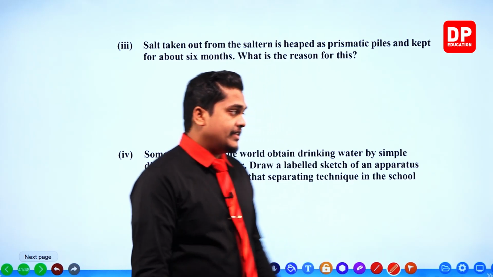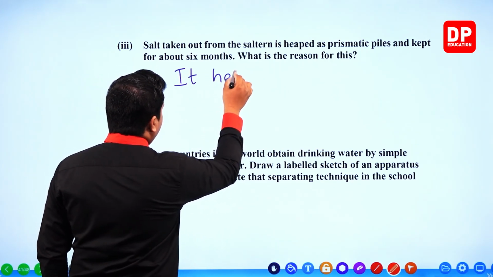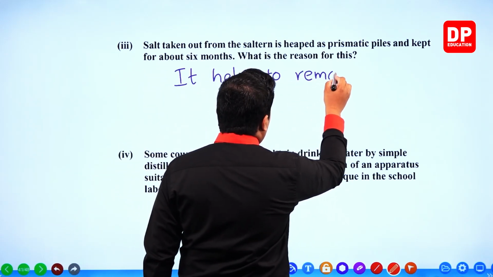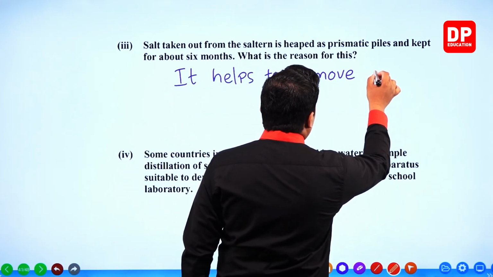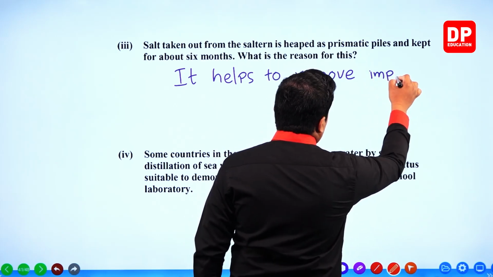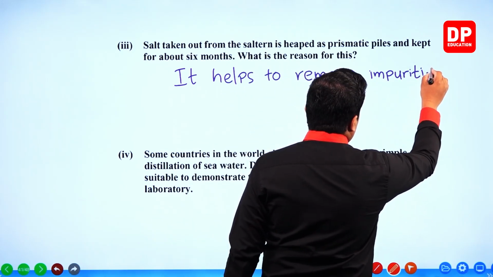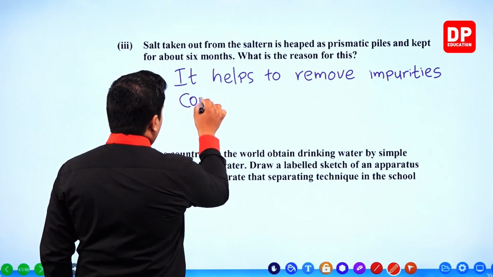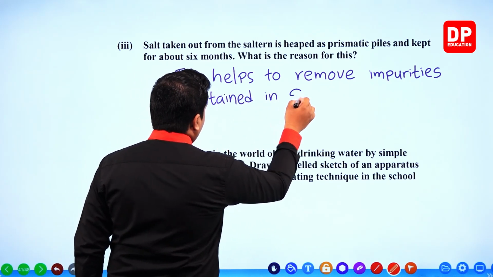Okay, so we can write the answer. It helps to remove impurities contained in salt, right?